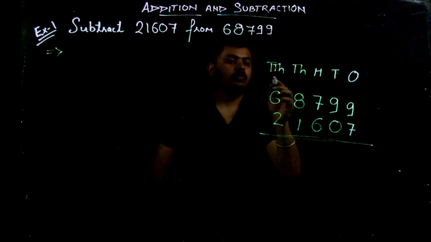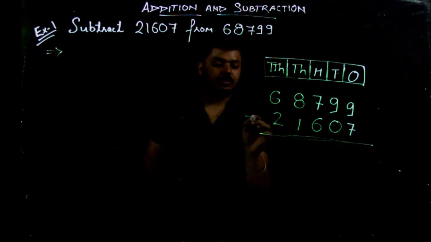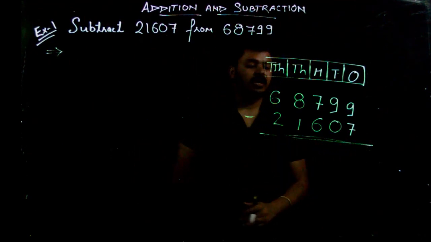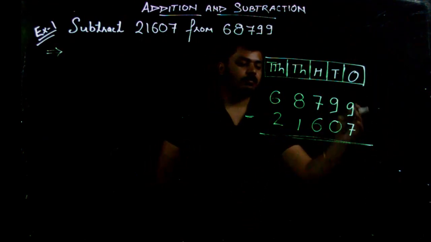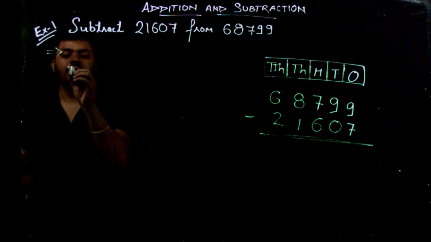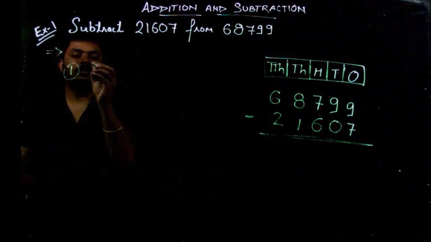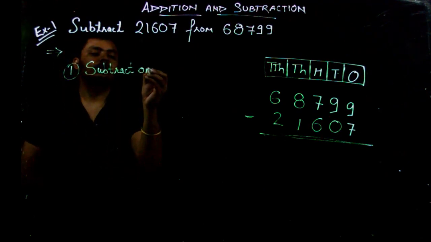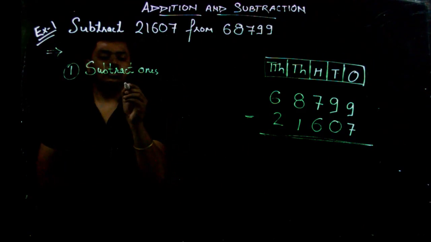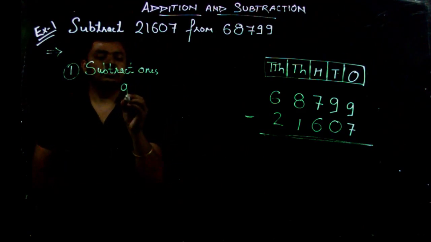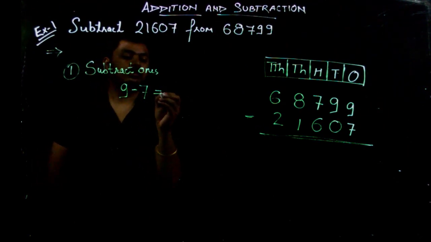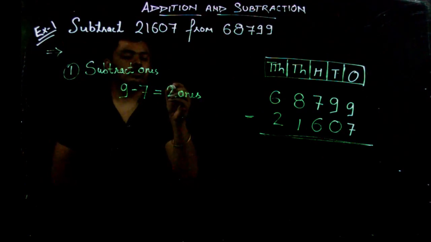So now we have to do subtraction. Our next step would be subtracting from the ones column. Starting from the ones column, our first step is to subtract ones. So for ones, it is 9 ones minus 7 ones equals 2 ones.